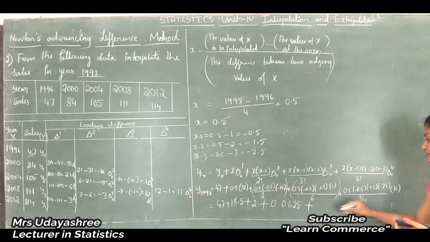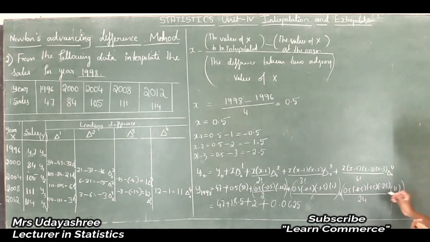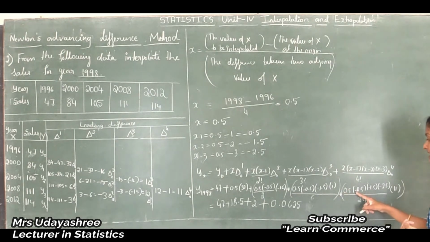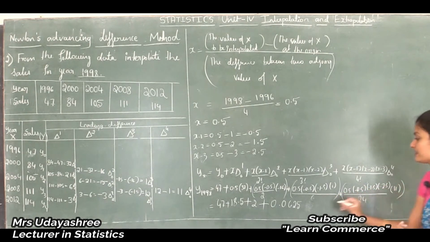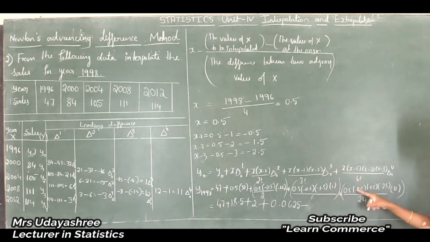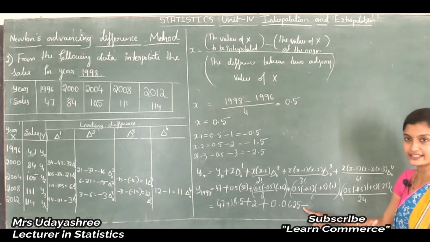Before that, let me check the sign for this last term. Plus into minus is minus, minus into minus is plus, plus into minus is minus, minus into plus is minus. So here the sign is minus.